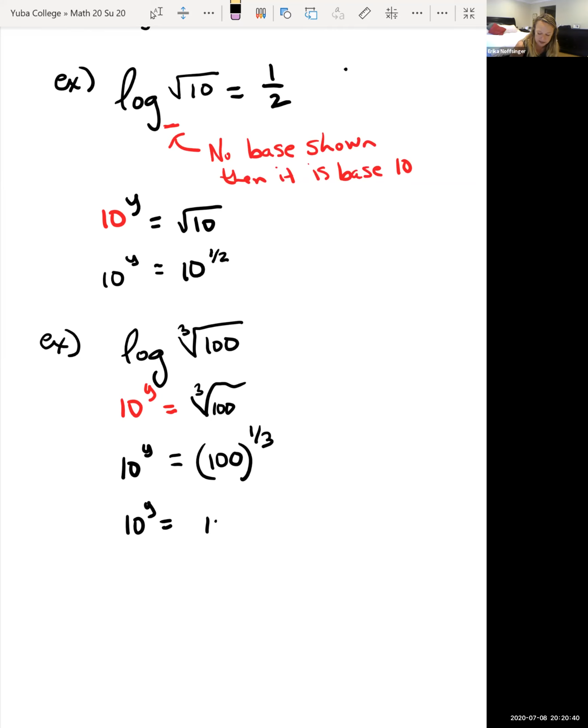So 100 is 10 squared, and that's raised to the 1/3 power. And then power to power, the rule is multiplication, so we get 10 to the 2/3 power. So log of the cubed root of 100 is equal to the exponent, which is 2/3.